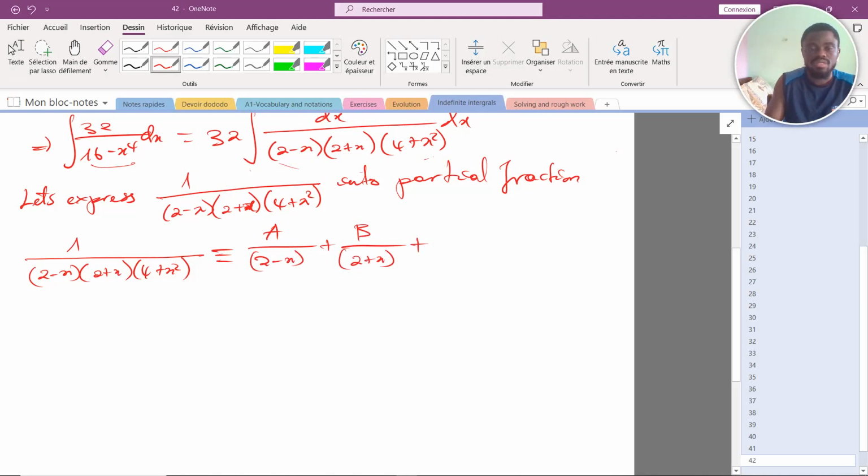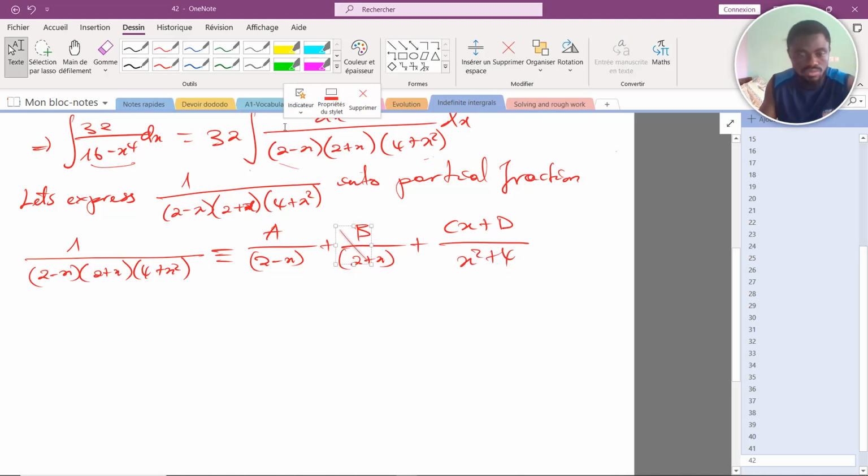this is a quadratic factor, so this will become Cx plus D over x squared plus 4. Oh, sorry.